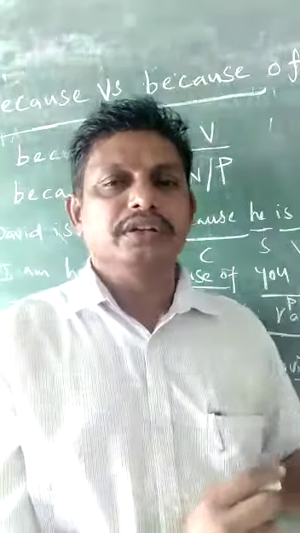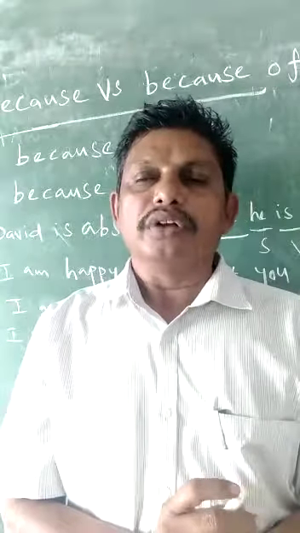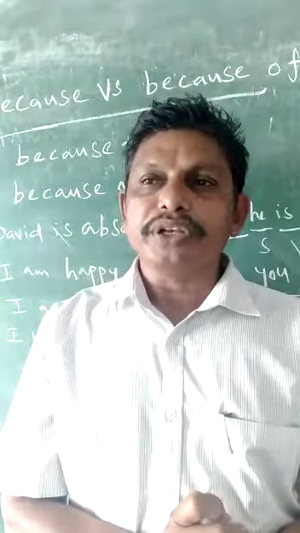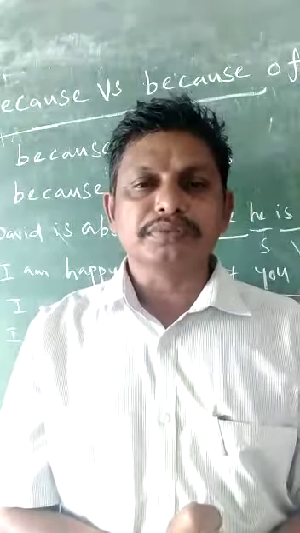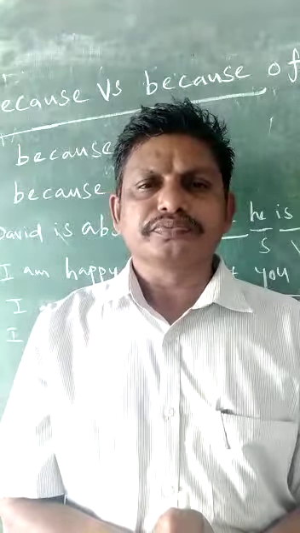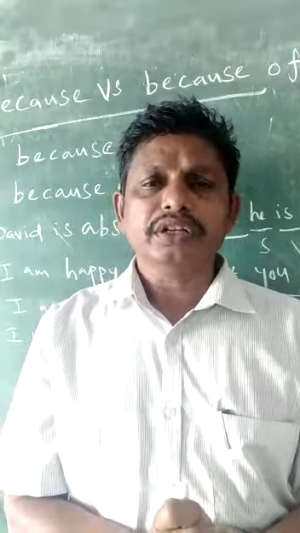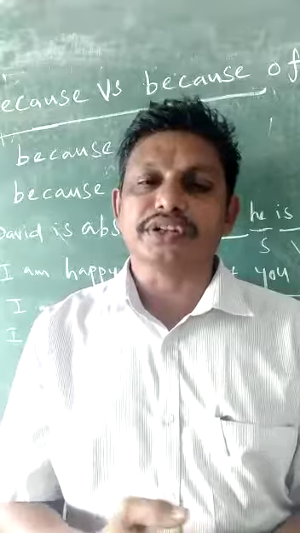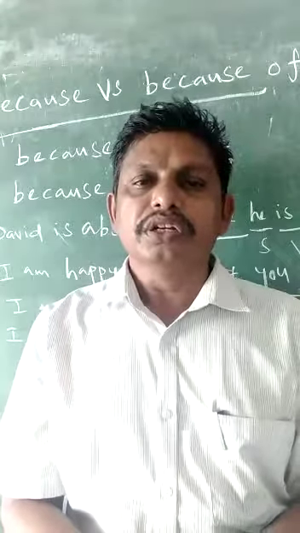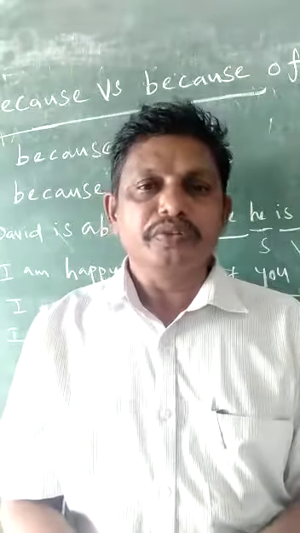We should understand the meaning of these two terms and the grammatical structure of these two terms. Only then we can use it correctly. Without learning the usages and the grammatical structures, we cannot use them. Even if you use them, it will be an error.